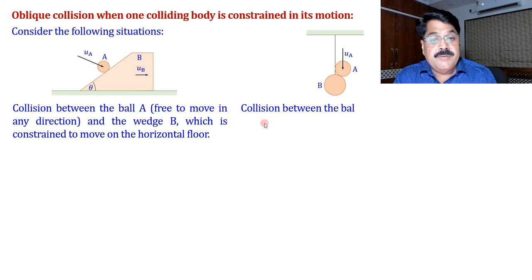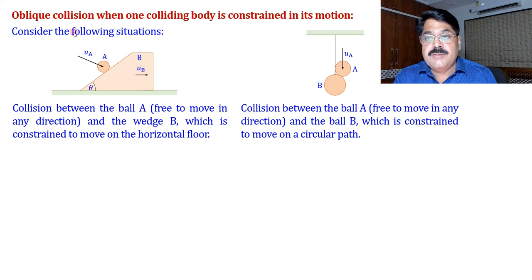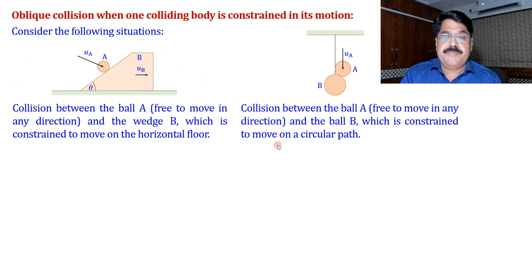Collision between the ball A, free to move in any direction, and the ball B, which is constrained to move on a circular path. So these situations are enough to understand what kind of problem we are going to discuss in this article.